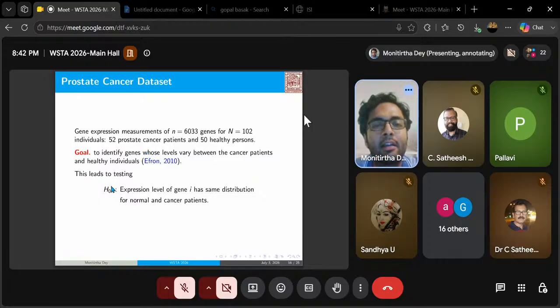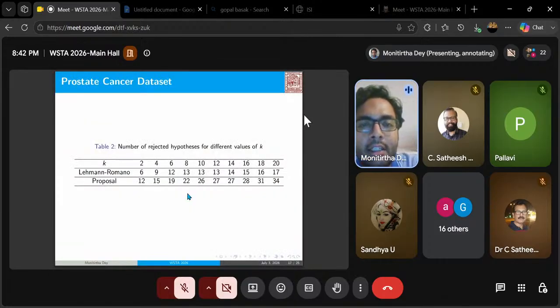So H0i is the null hypothesis that the expression level of gene i has the same distribution for normal and cancer patients. Now, this table summarizes the performance of the Lehman-Romano method and our proposed method for a series of values of k. We can see that our method is making many more rejections than the Lehman-Romano method while still controlling the generalized family-wise error rate to be less than or equal to alpha.